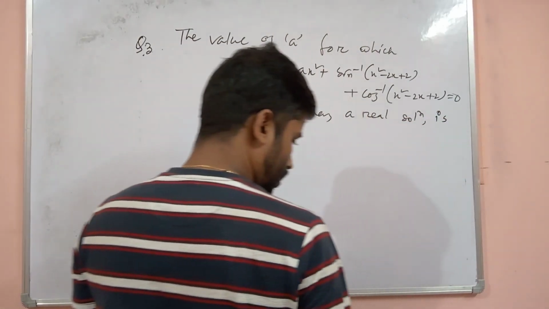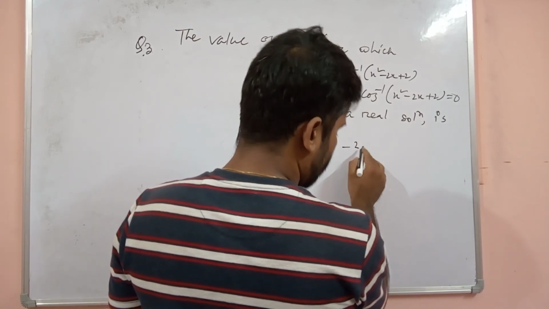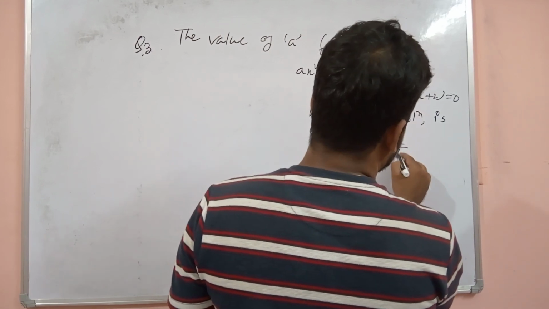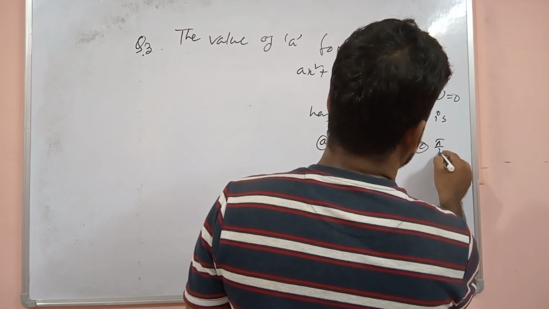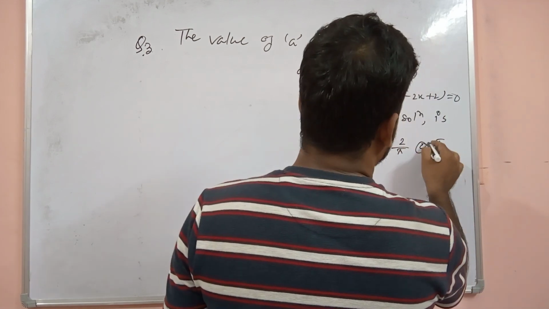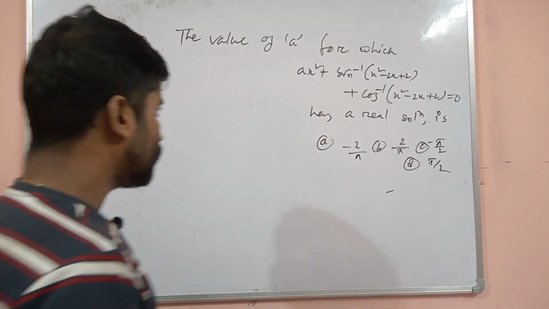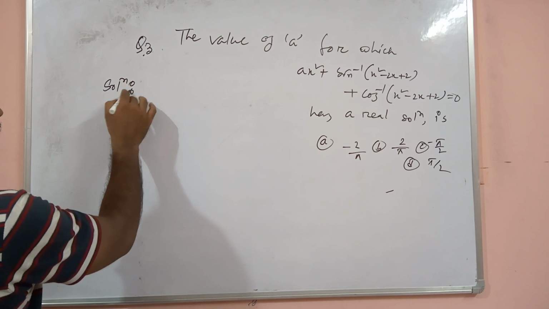Options are A, minus 2 by pi; B, 2 by pi; C, minus pi by 2; and D, pi by 2. Okay, so the solution would be like this.